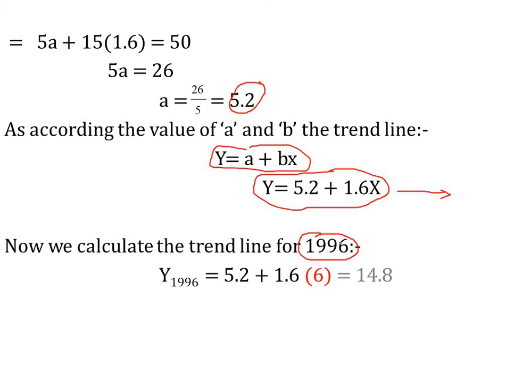In reference to 1991, what will be the value for 1996? 1996 minus 1991 is 5, and the initial value for 1991 is 1. So for 1996 the x value will be 6. Now putting 6 in this equation, I am getting the production in the year 1996 as 14.8.